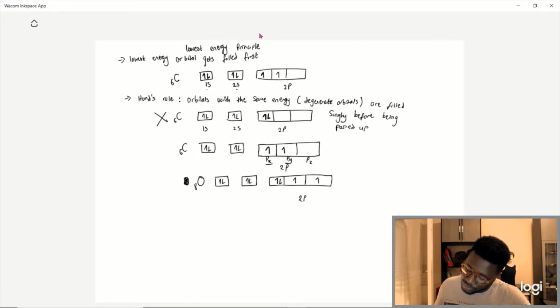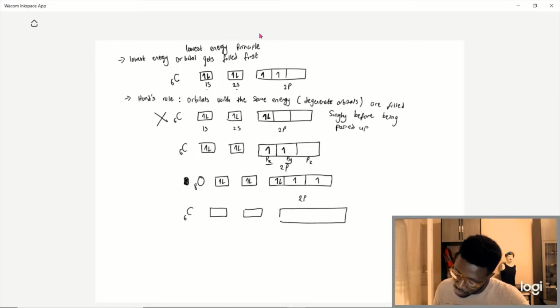Okay, so there's also another part of Hund's rule. It says that when you're filling the orbitals, they have to have the same spin first when you fill them singly. So for example, for this carbon here, carbon has 6.